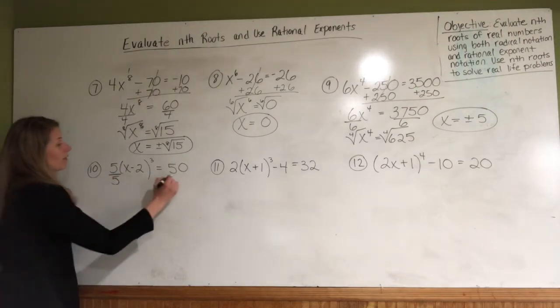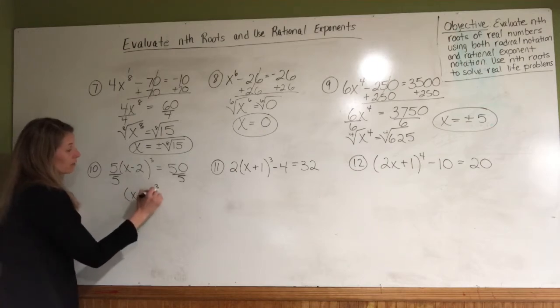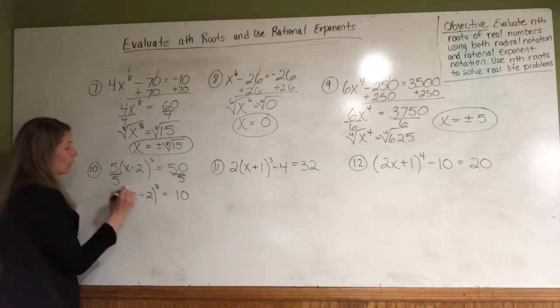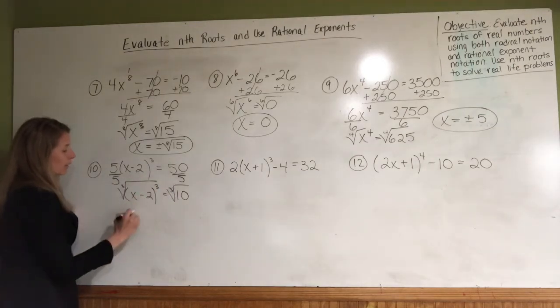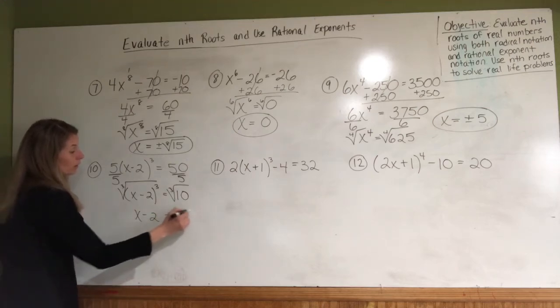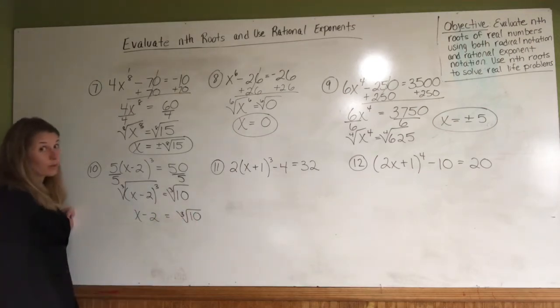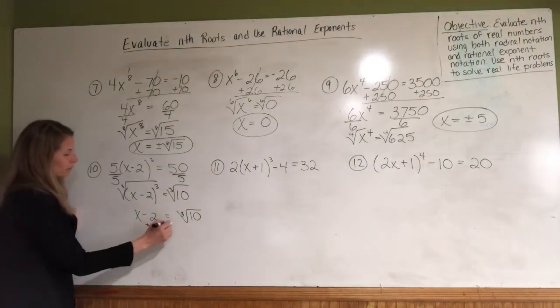So dividing by 5, now those parentheses are isolated, and now we can just cubic root the entire side of the equation and get rid of that 3, and as you can see, that's much, much easier than trying to multiply together 3 binomials. So now all we have to do is bring this 2 over.